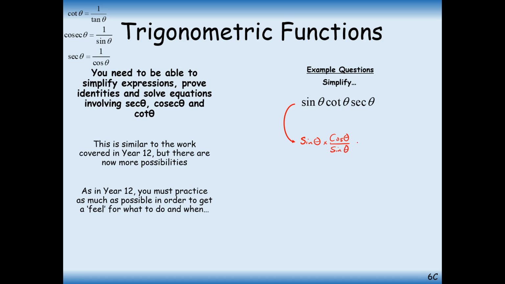That's one way of writing cotan, because the inverse of tan is sine over cos, and the inverse of sine over cos is cos over sine, and the inverse of sec is 1 over cos of theta.